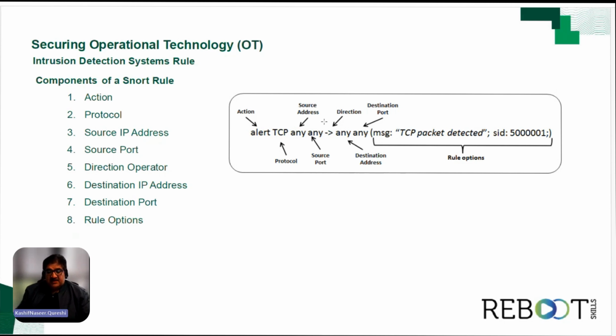These rules can be categorized into 2 main categories: local and predefined rules, each serving a different purpose within the Snort system.